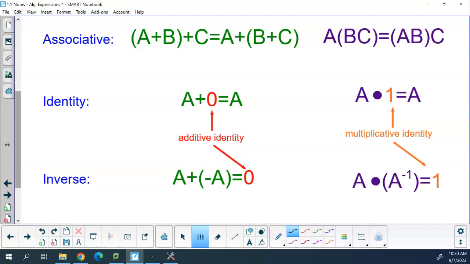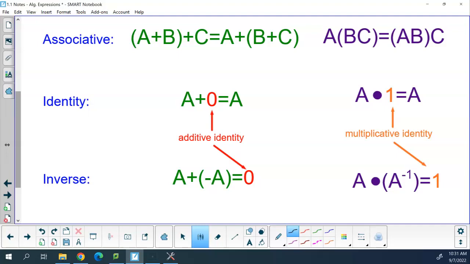The last one is the inverse property. So if you add the inverse, you should get the identity. If you multiply by the inverse of a number, you should get the multiplicative identity.